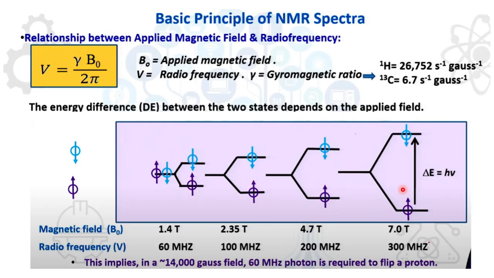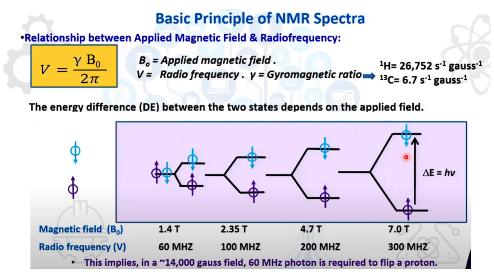In the case of radio frequency, it has a very high wavelength, and because we know delta E equal to h nu, that amount of energy is actually matched with the split proton in NMR. So that's why I am saying we will resonate that energy gap by providing radio frequency.